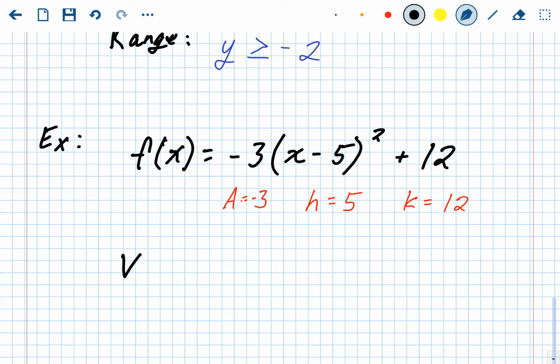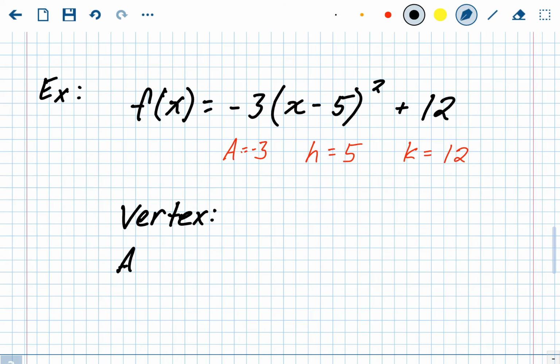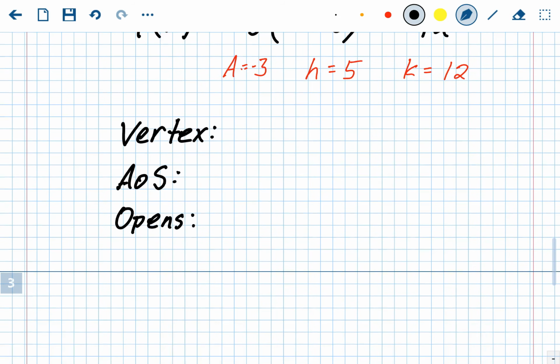All right, once you know that, you automatically know the vertex. And you automatically know the axis of symmetry. And we automatically know the opening. We know the domain. We know the range.